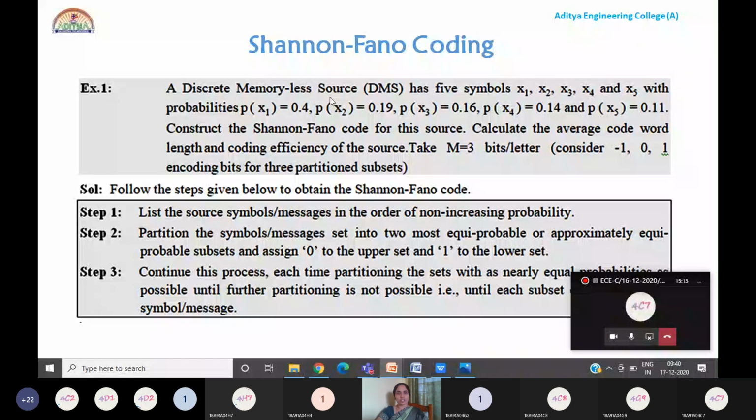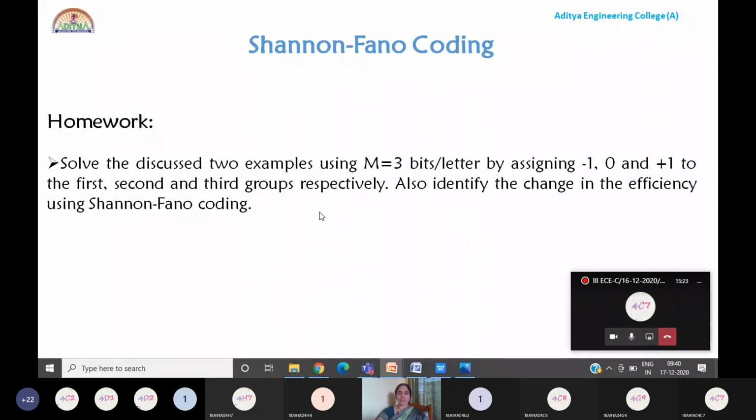In the last class, we completed the general process of the Shannon-Fano encoding technique, and I explained the example for m equal to 2 bits per letter, where the partition value is considered as 2. So you partitioned the whole set into 2 subsets.